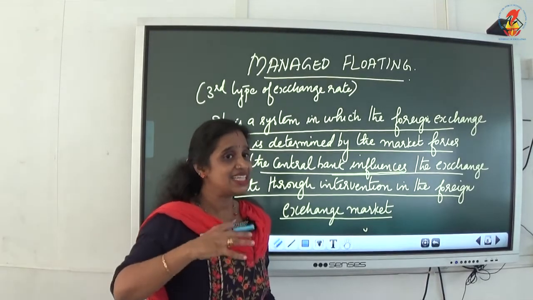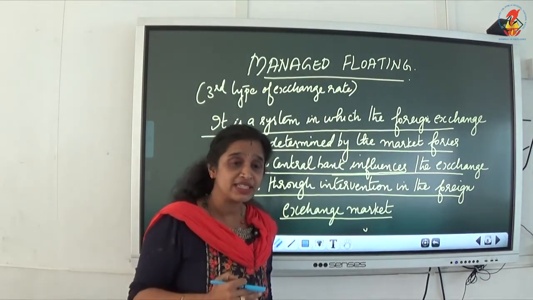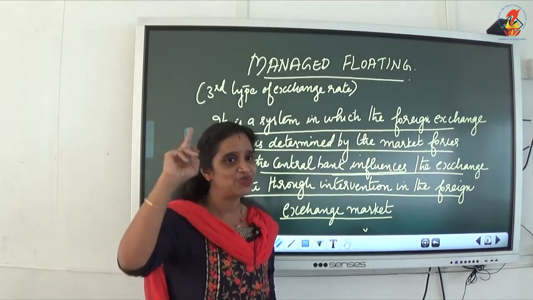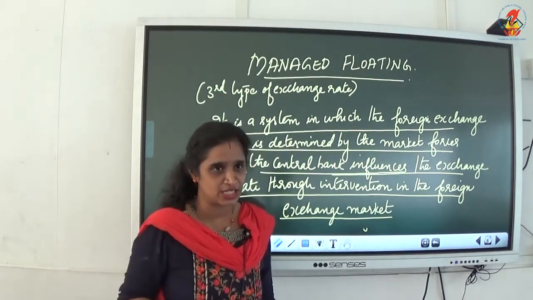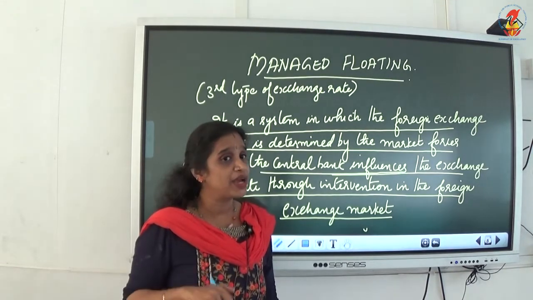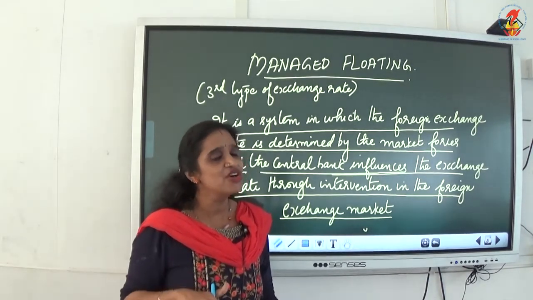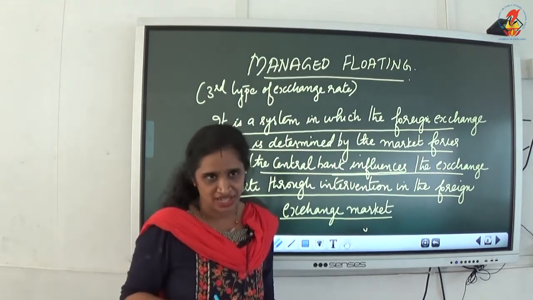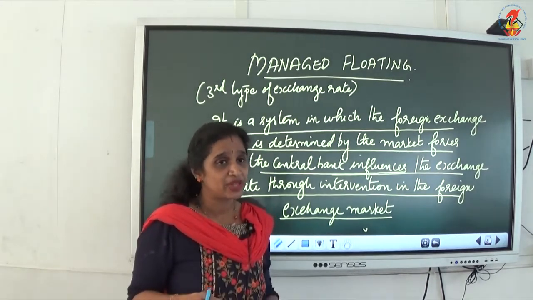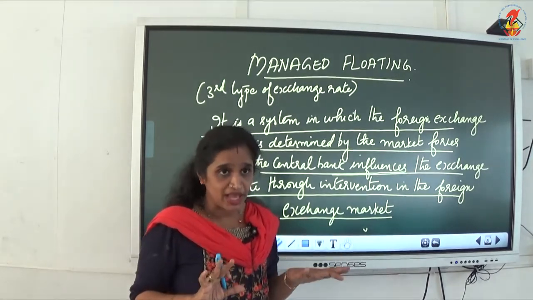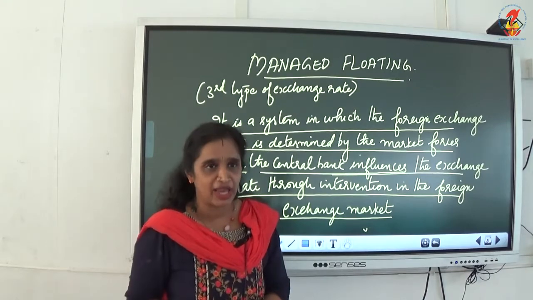So it is a system where the foreign exchange rate is determined by the forces of demand and supply, as we told in the flexible exchange rate system, and also by the central bank. The central bank will buy and sell foreign exchange and thus maintain the foreign exchange rate. So here there is the influence of two forces, one is demand and supply and the other is the central bank.